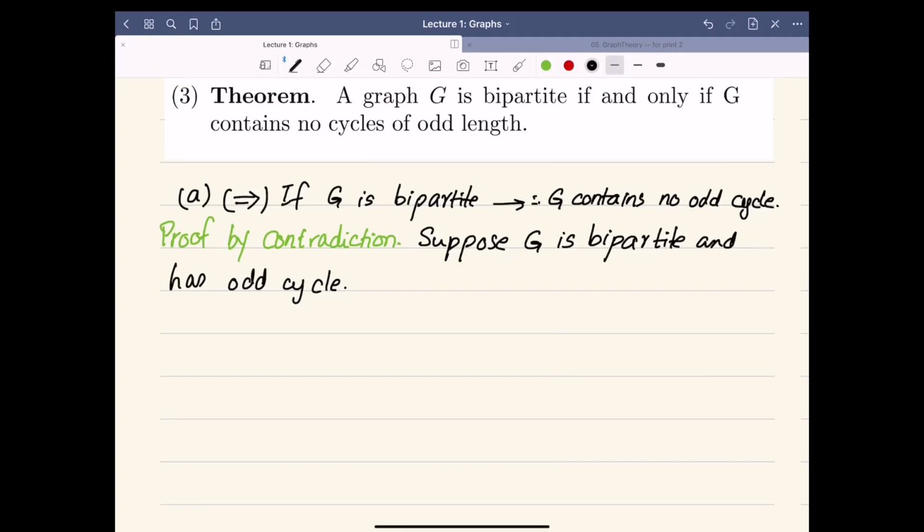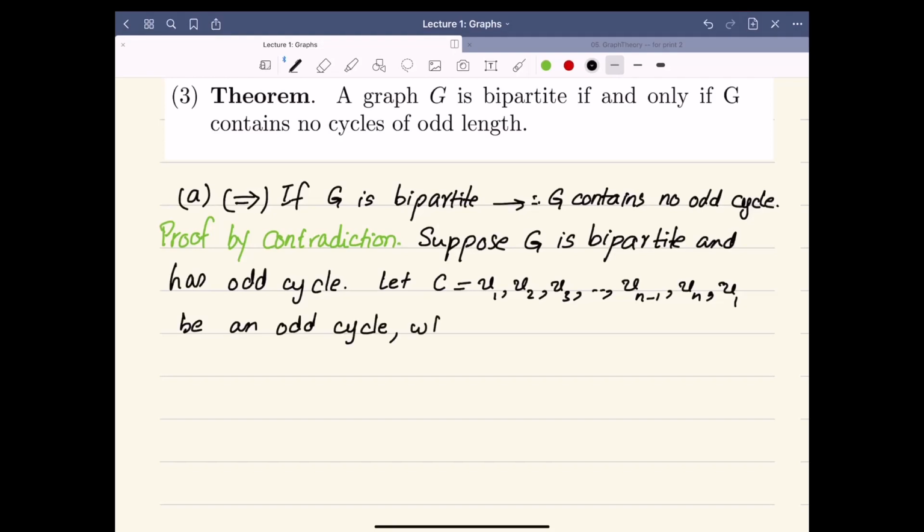Let C, which is equal to v1, next v2, next v3, and so on to v(n-1) adjacent to vn, and vn is adjacent to v1 because this is a cycle, be an odd cycle where n is odd.